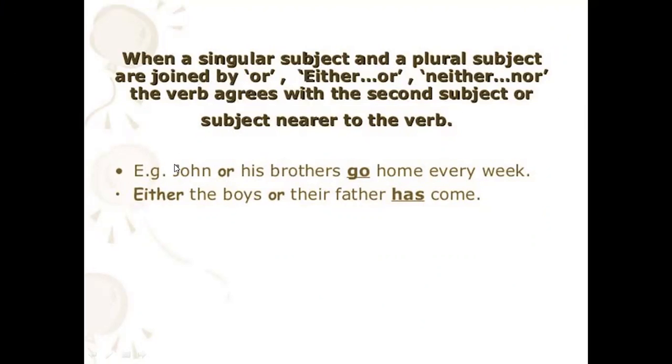For example, John or his brothers go home every week. Either the boys or their father has come. So what is the verb? The verb agrees with the second subject or the subject nearer to the verb.